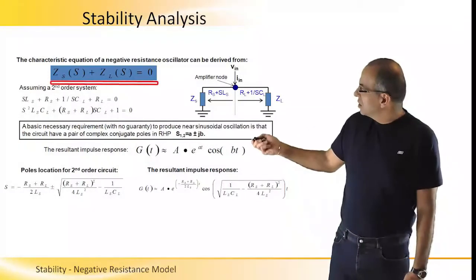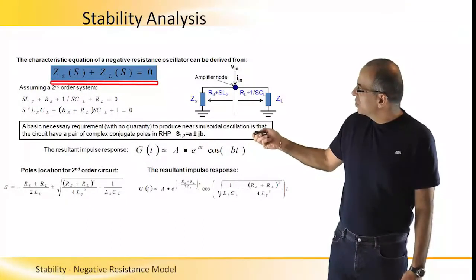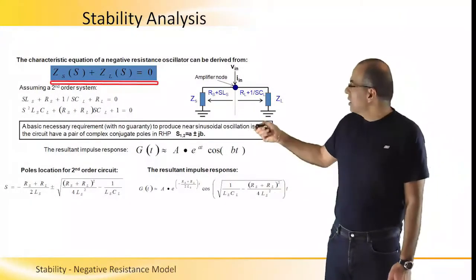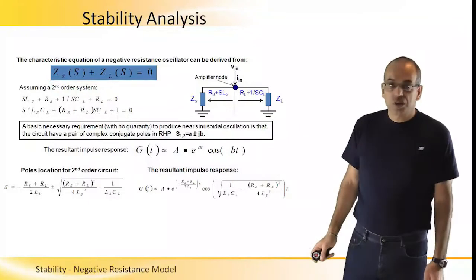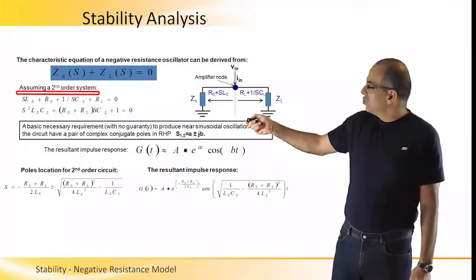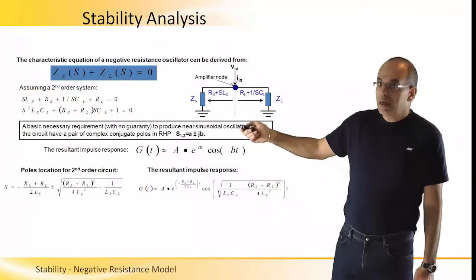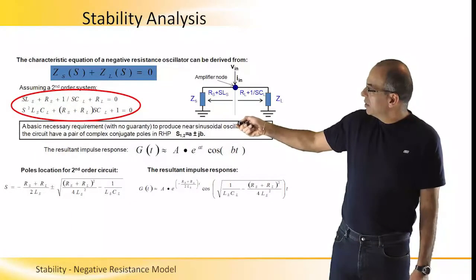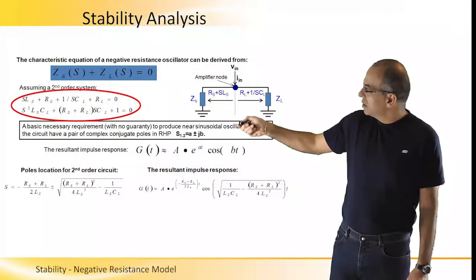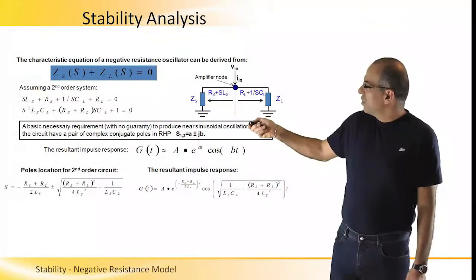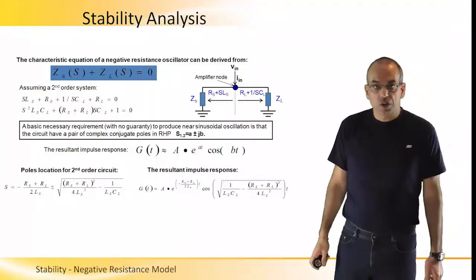This is the impedance of the source, this is the impedance of the load, the active part, and this is the frequency determining part. If we want to equate it to 0, and if we assume a second order system, then we will get this equation, the second order polynomial equals 0. And it is very simple to find the roots of such a polynomial.